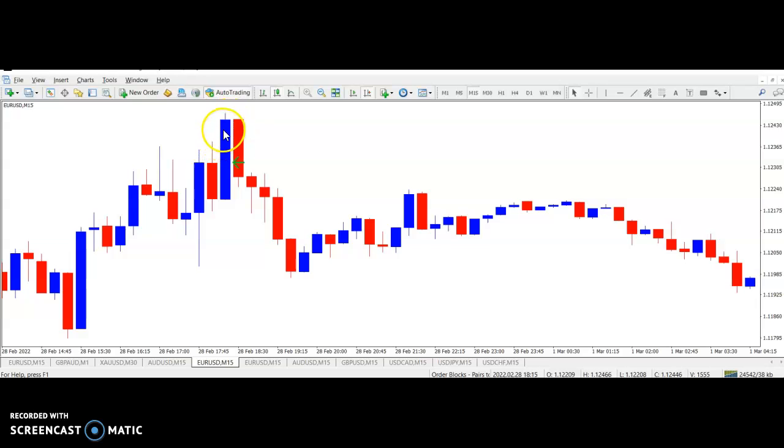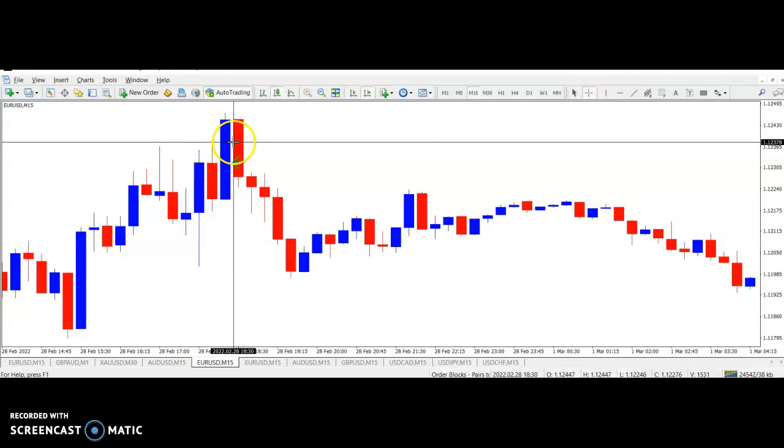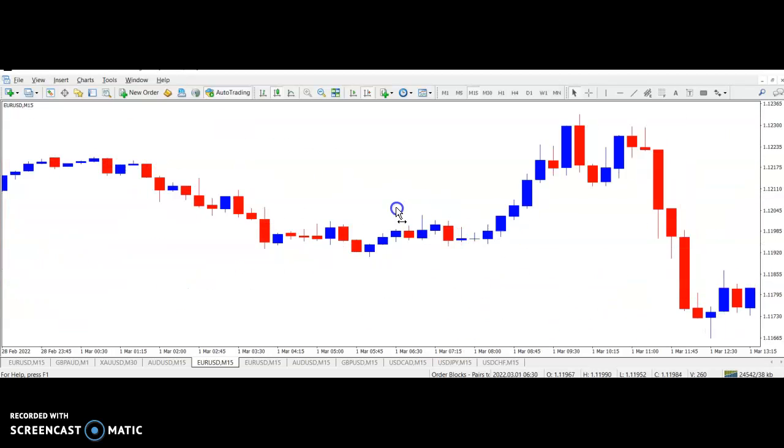Here's your break of structure. This candle is higher than the high of this. That's the break of temporary structure. So if you placed your pending limit order here, it would have been triggered when this came down here, and your stop loss would have been here, and it would have got stopped out. So that's the first one.